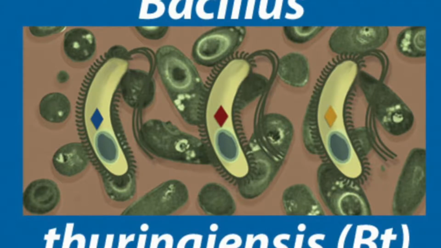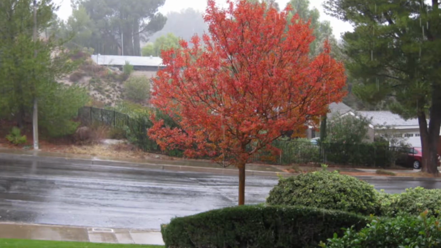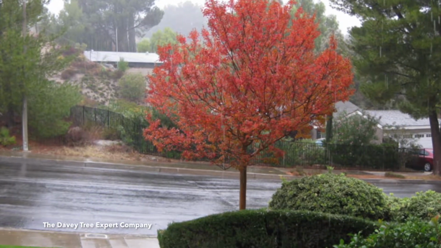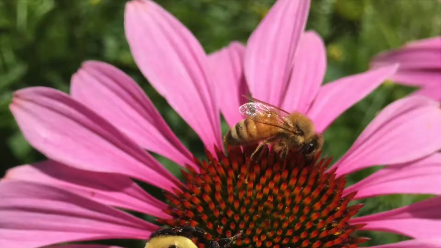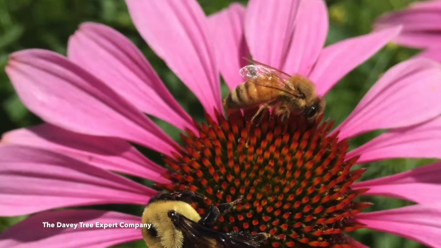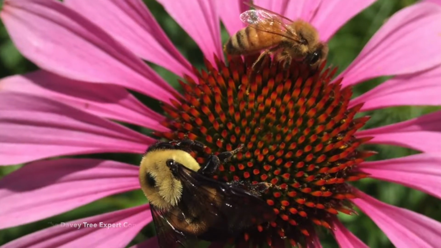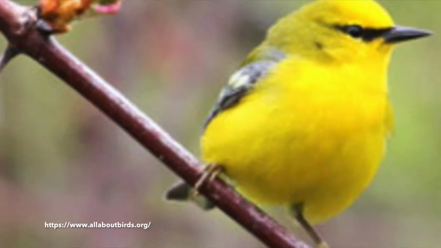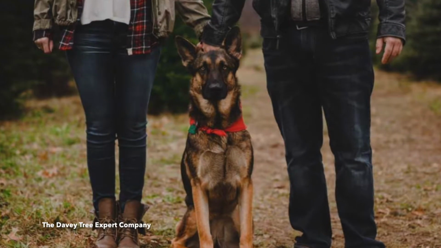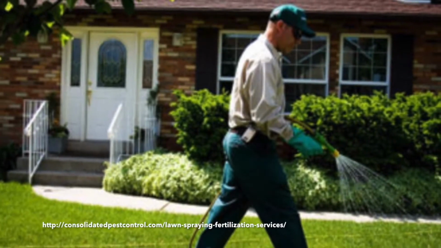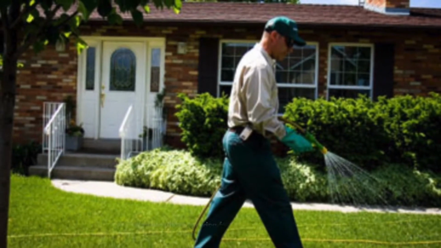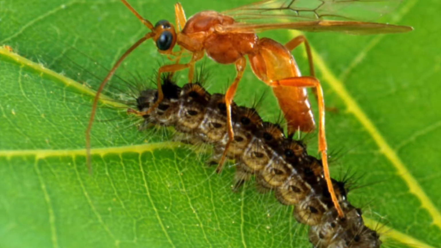BT sprays can also be used for gypsy moth management in single trees at the landscape level. BT is safe to all other animals including bees and other insects, birds, pets, and humans. Landscape trees infested with larvae can also be treated with applications of other registered products as needed.